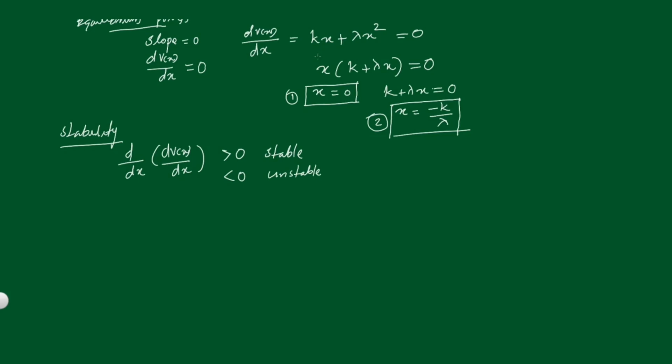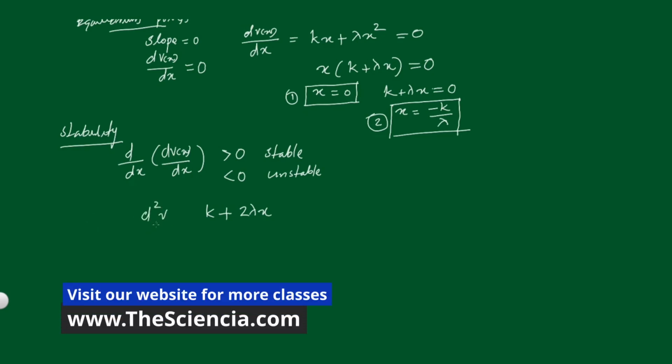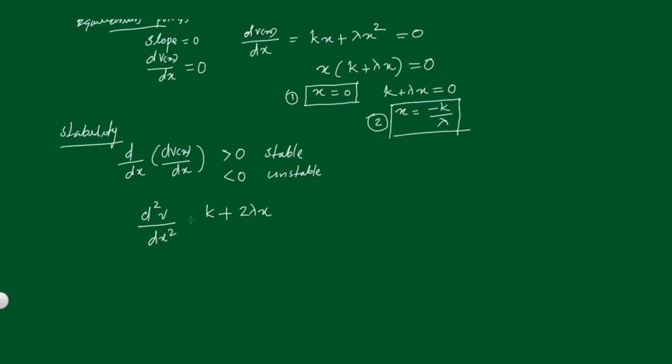So what we get is k plus 2 lambda x, that is, d by dx of dV(x)/dx, or d square V by dx square equals k plus 2 lambda x.